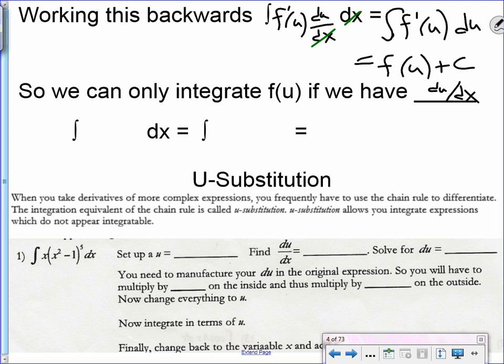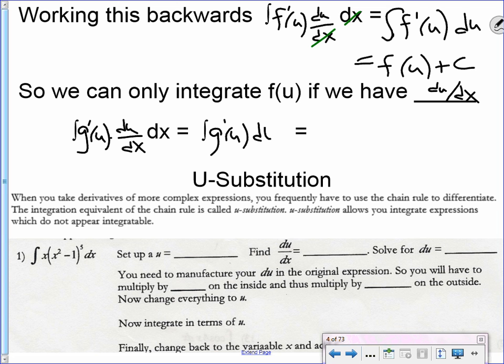Now let me just make sure you guys got it. If you want to integrate, let's say, g prime of u, and you've got du/dx right there, the derivative of the inside function is right next to it. You can simplify it. So what's it going to look like?